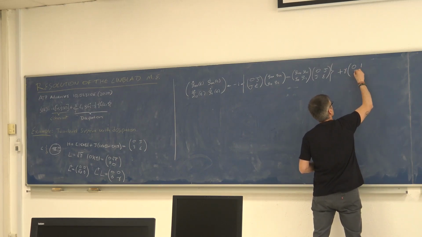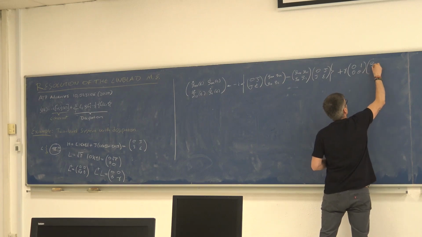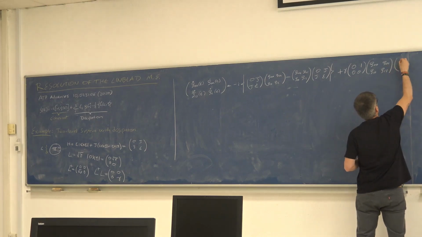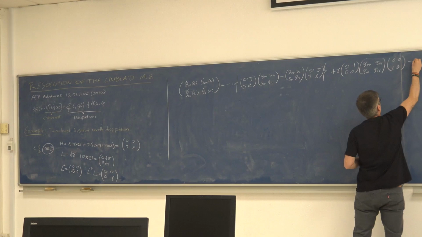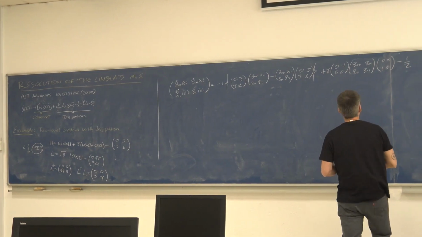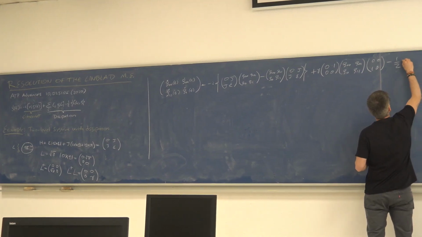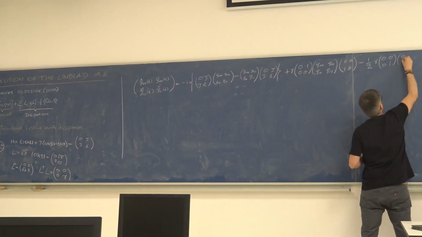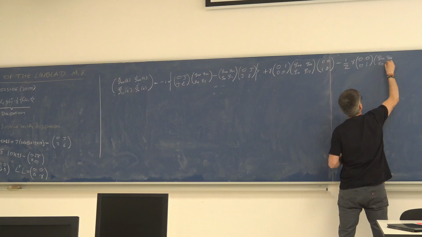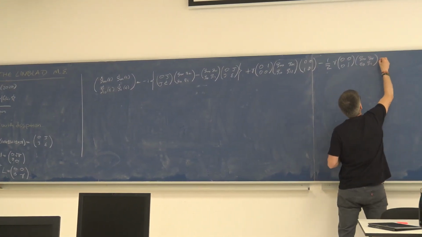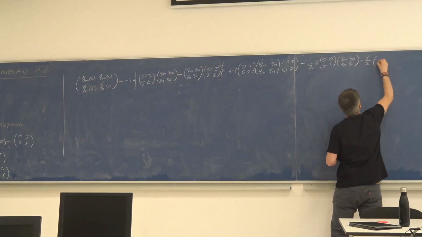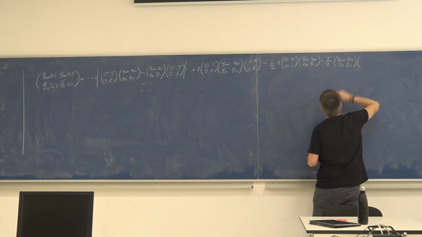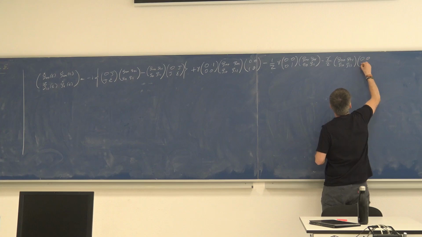This will be gamma, times 0, 1, 0, 0, times rho 0 0, rho 0 1, rho 1 0, rho 1 1, times L dagger, 0, 1, 0, 0, minus 1/2 gamma, times 0, 0, 0, 1, times rho 0 0, rho 0 1, rho 1 0, rho 1 1, minus gamma half again, times rho 0 0, rho 0 1, rho 1 0, rho 1 1, times 0, 0, 0, 1. Okay?